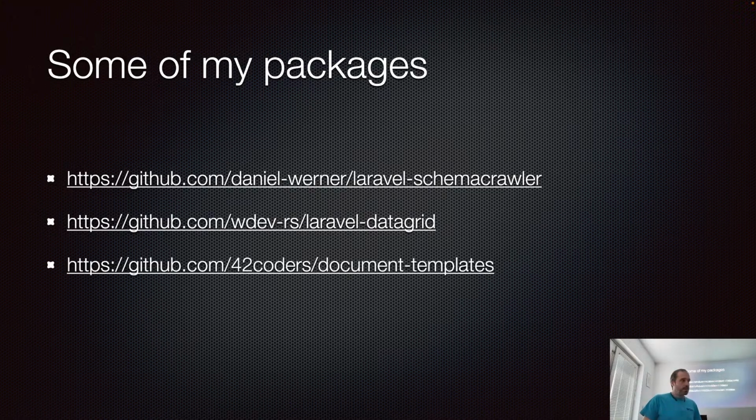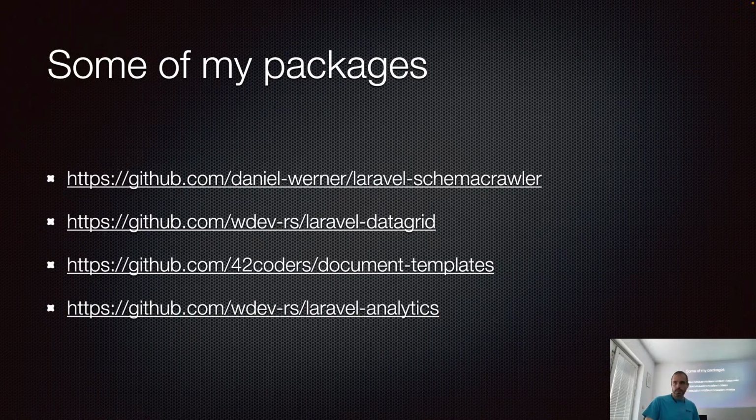We have a document templates package, which can create PDFs and mailables, which can be editable, and you can put placeholders in them. So that can be used for mailing, invoicing, that stuff. I have a light analytics package, which is a little bit more complex version of what we did, but it's still a light version that's for my own purposes. It's good enough.